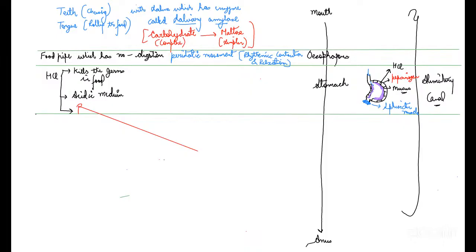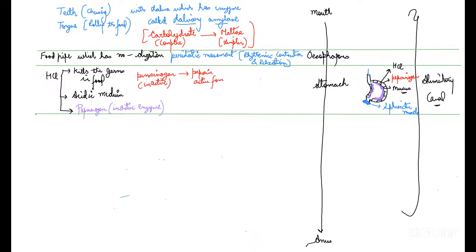This pepsinogen is an inactive enzyme. It's not the active form. So HCl creates this acidic medium so that pepsinogen, the inactive form, can convert into pepsin, the active form.